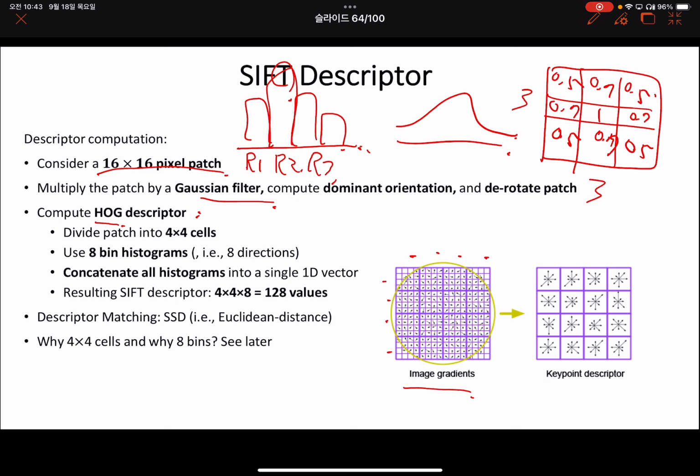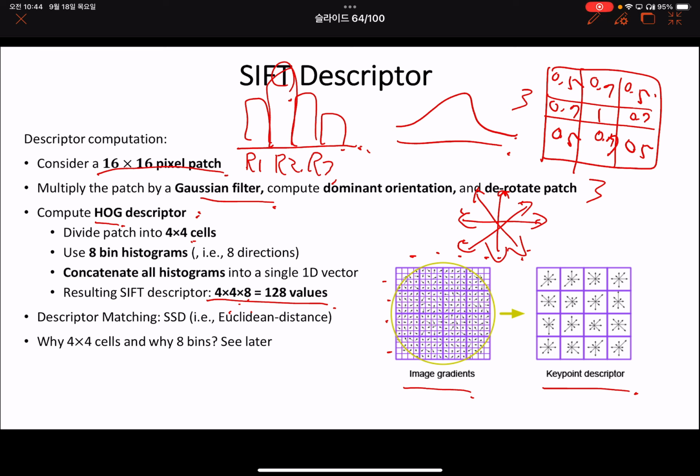So to make the histogram, we predefine 8 directions and concatenate all histograms into a single 1D vector. That makes 128 values: 4 by 4 cells, and for each cell we have an 8-bin histogram. So 4 times 4 times 8 becomes 128 values. That is the keypoint descriptor, the SIFT descriptor.